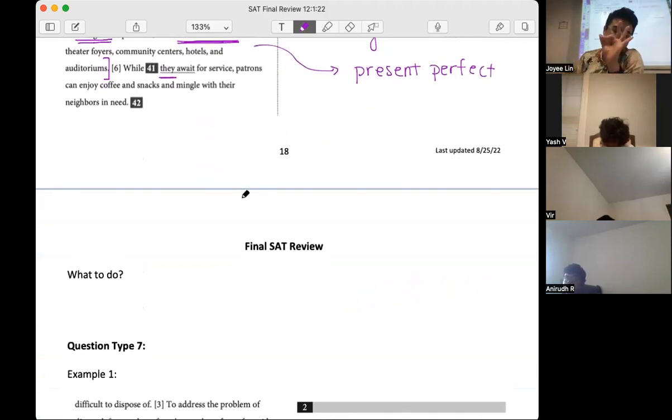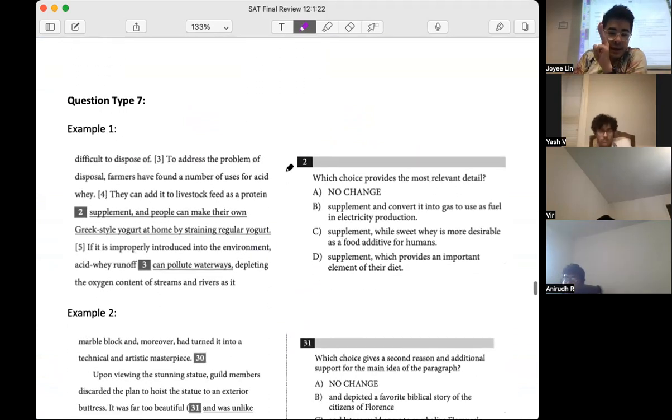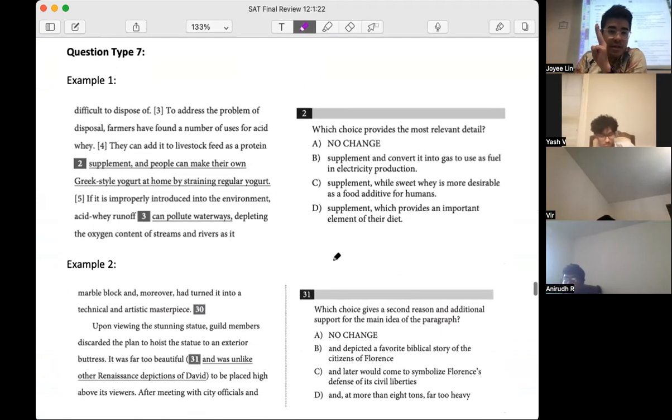Okay, so we did the order, right? Dominoes, time order, verb tense. Okay, what are these questions? Question time number 7. Detail, right? Add detail.